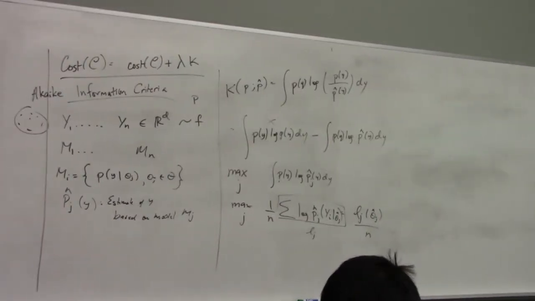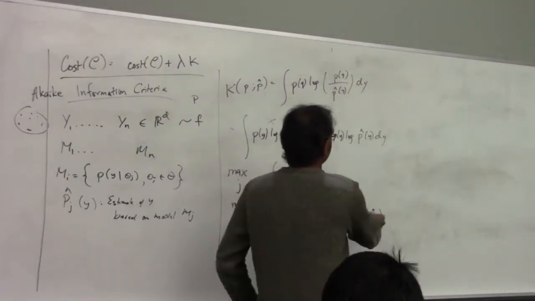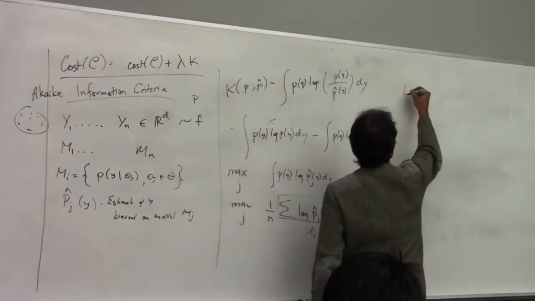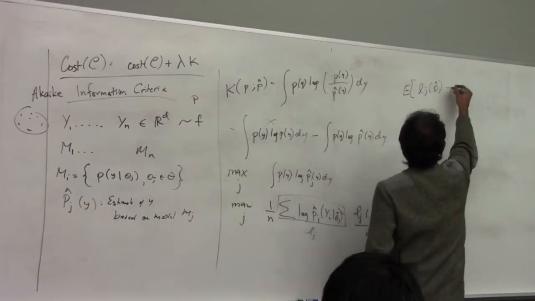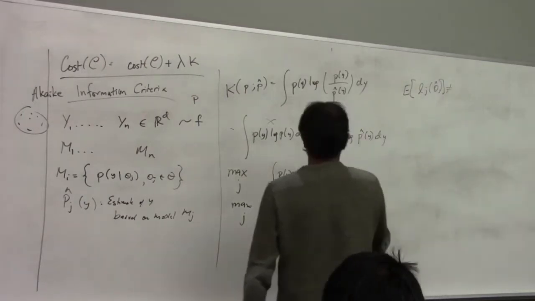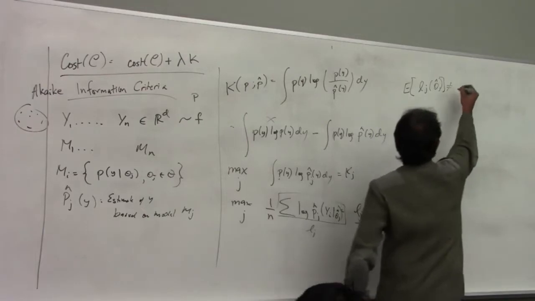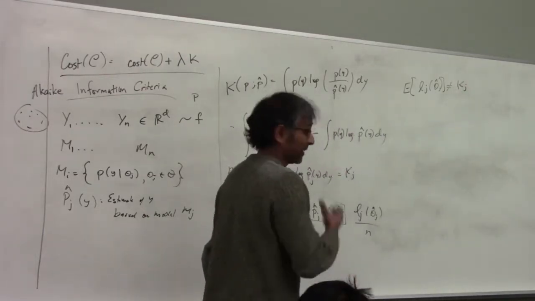This takes some proving, but the expected value of L_j(theta_j) is not equal to this quantity, which we'll call K_j.